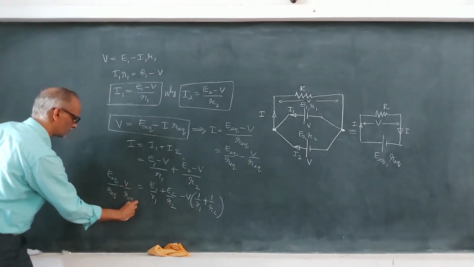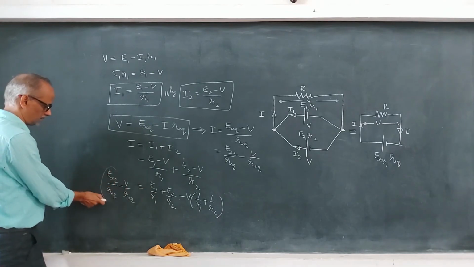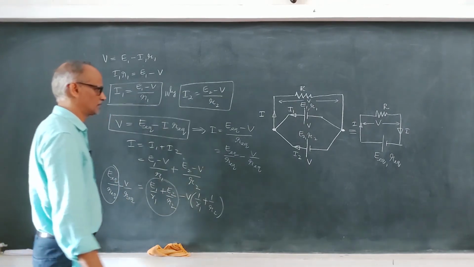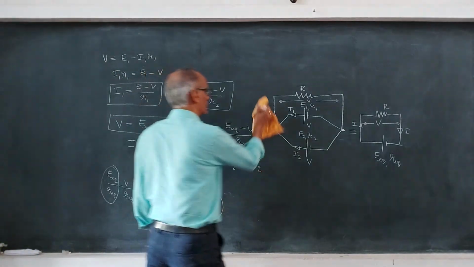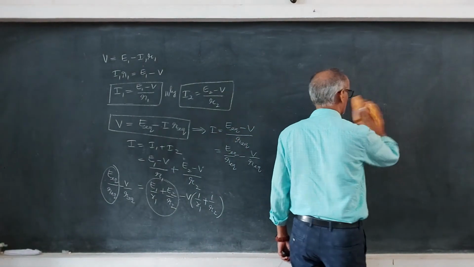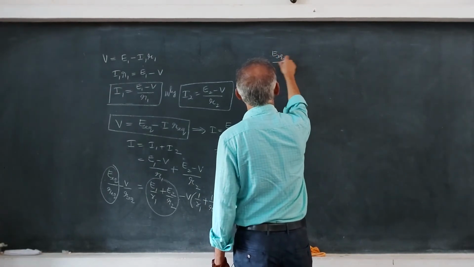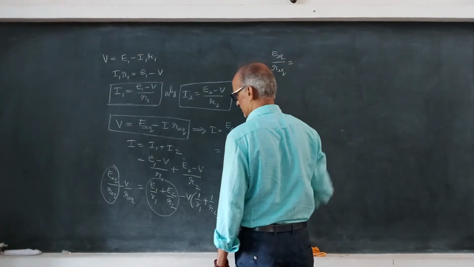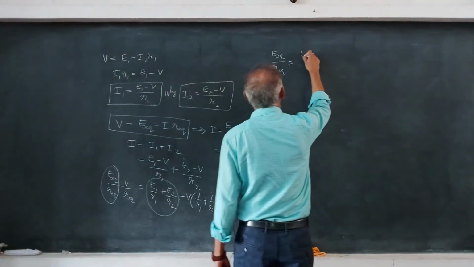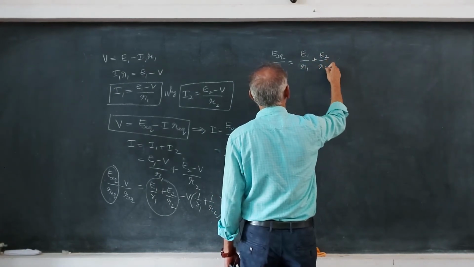Now you compare on both the sides. We find that this ratio is equal to this. So E equivalent by R equivalent is equal to, if I compare this with this, we get E1 by R1 plus E2 by R2.